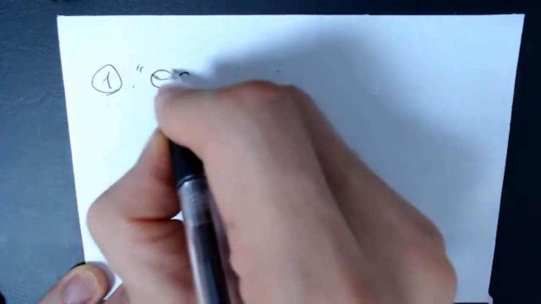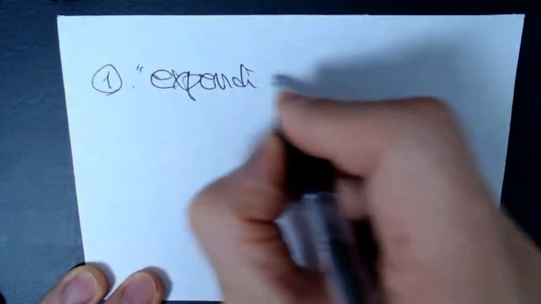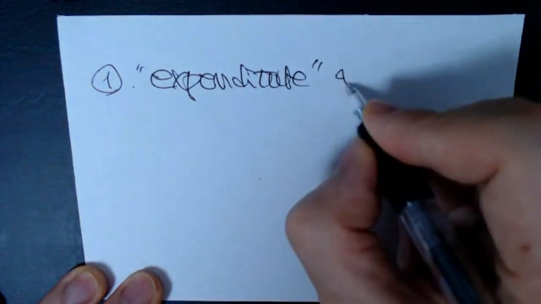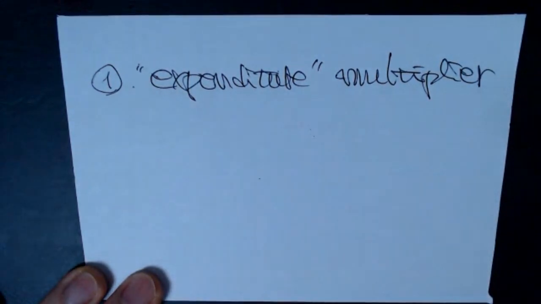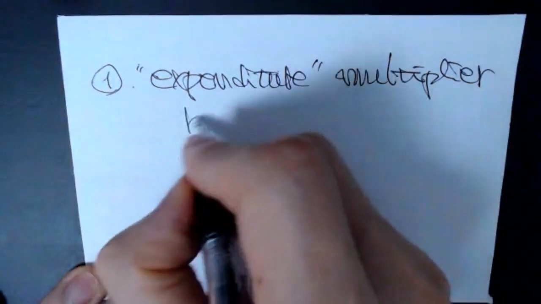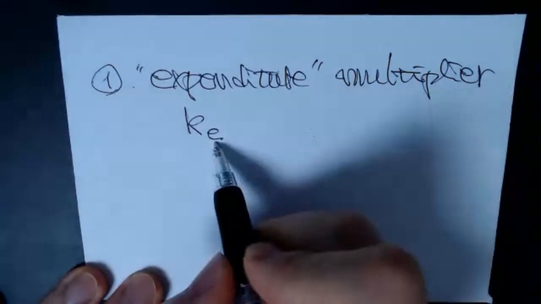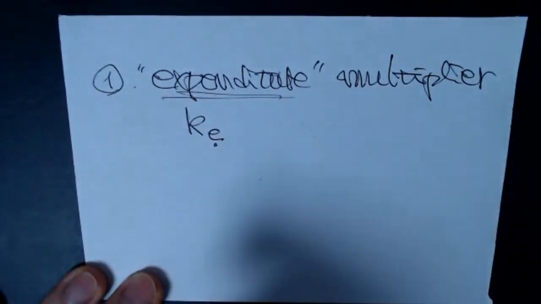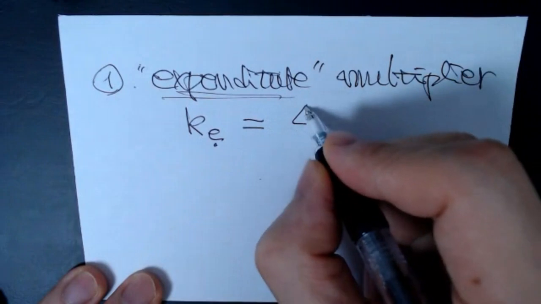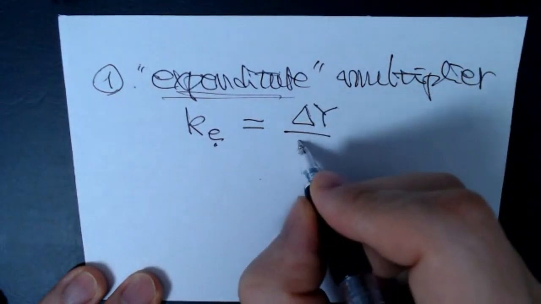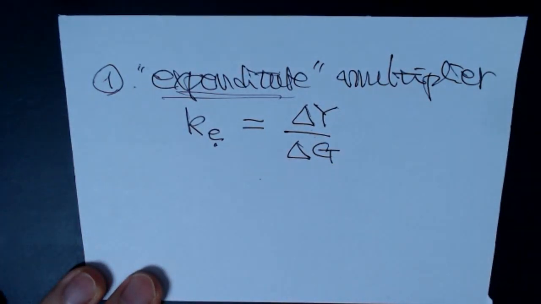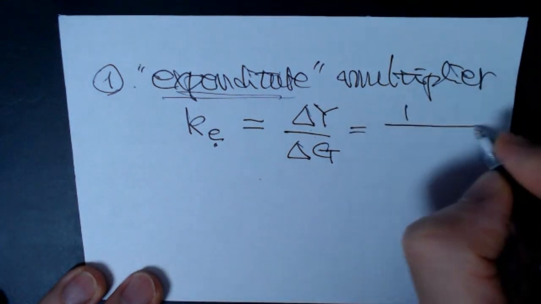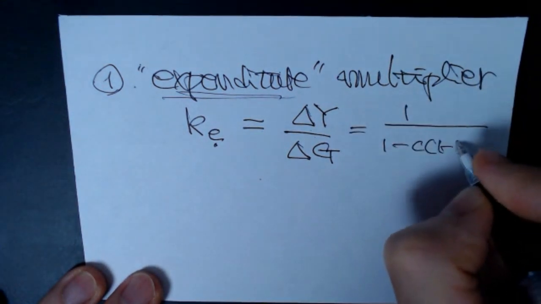This one we call the expenditure multiplier, and you can write K, E. E represents expenditure. So KE measures changes in national output divided by changes in government spending. Right? So in our example it is 1 over 1 minus C, 1 minus T.